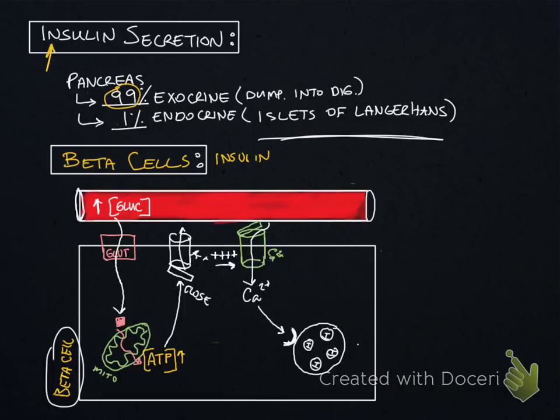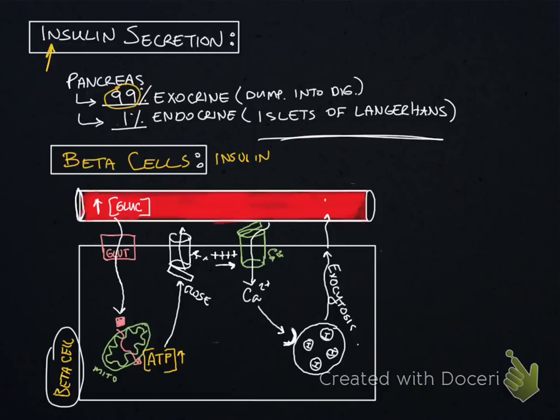Okay, so how did we get a buildup of calcium in the cell? Our membrane potential changed due to the buildup of ATP that opened the voltage-gated calcium channel. Now we have calcium in the cell. It bound to the insulin vesicle, and that's going to cause an exocytosis of insulin.